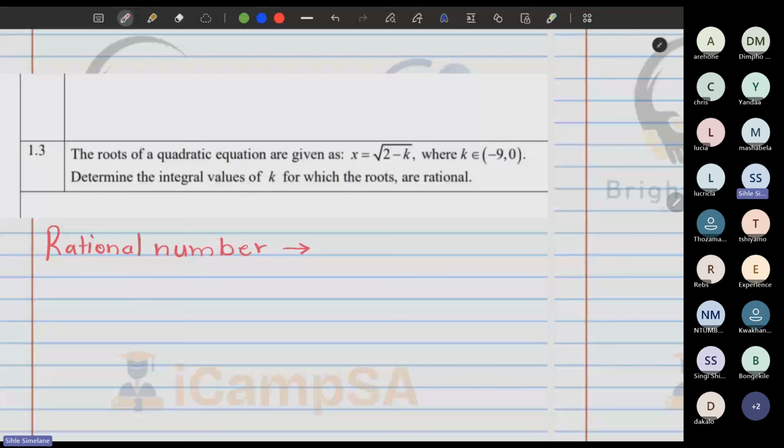What are rational numbers, guys? Or how do you think we should answer this question?